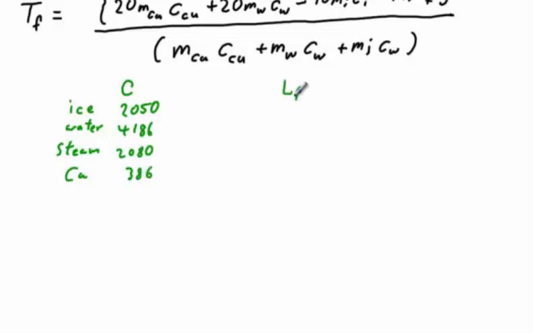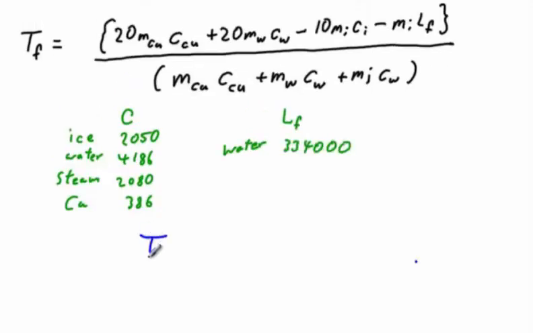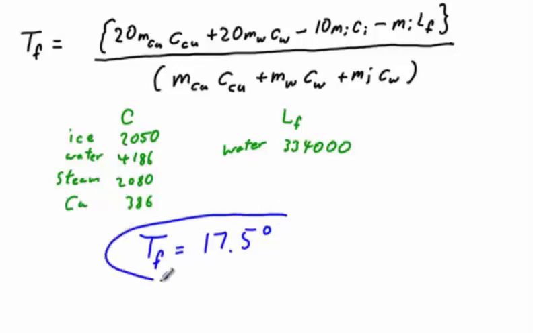The latent heat of fusion for our water is equal to 334,000 joules per Kelvin. Plugging all these numbers that we know, as well as the masses, into the previous formula yields, with careful algebra, the final result: 17.5 degrees Celsius, refreshing on a hot day.